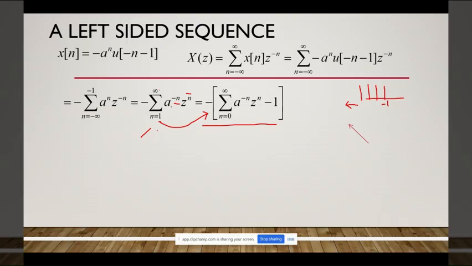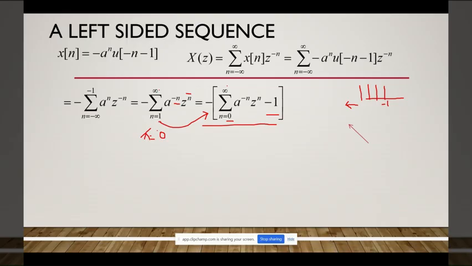At n is equal to 0, a power minus 0, z power 0. So at z power 0, the value is 1, and a power 0 also has the value 1. So when n is equal to 0, we will be getting the value 1. So we subtract 1 and we change the limit from 0 to infinity.